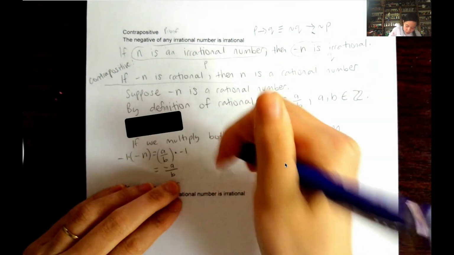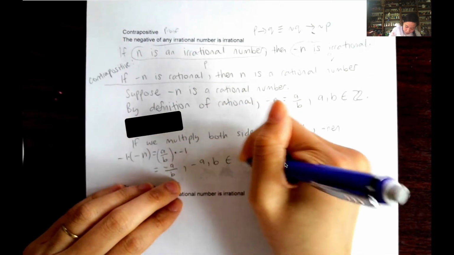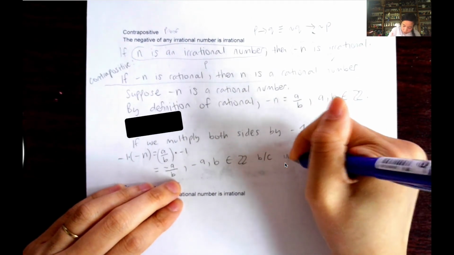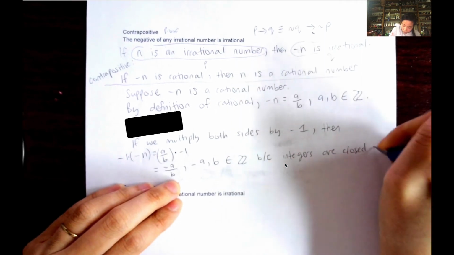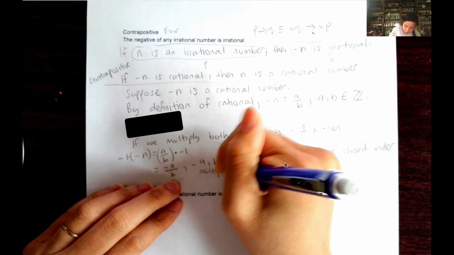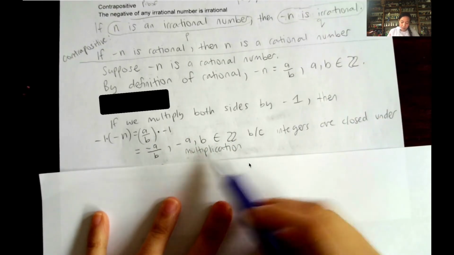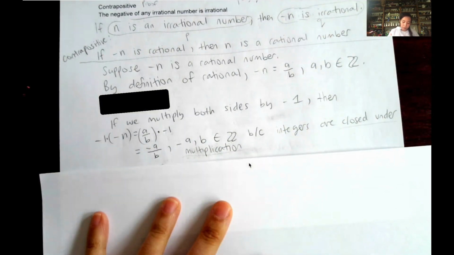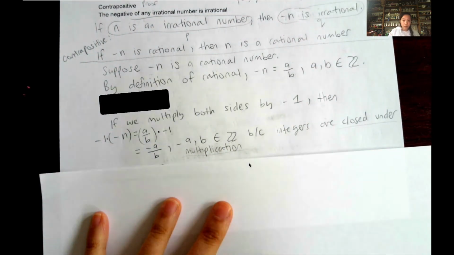So we know that -a and b are elements of the set of integers because integers are closed under multiplication. What does this mean? It means if I multiply integers together, the product is an integer.